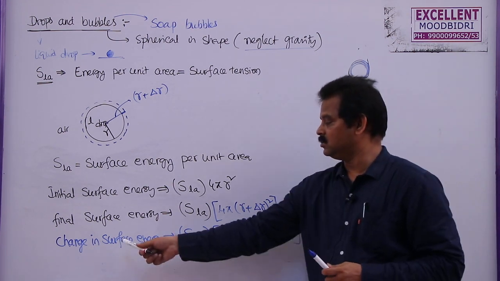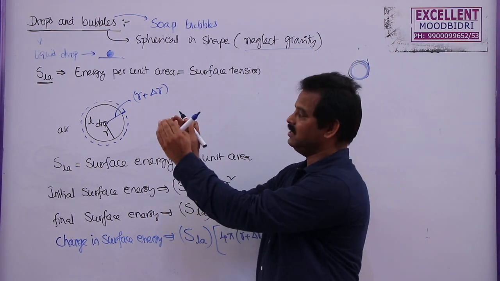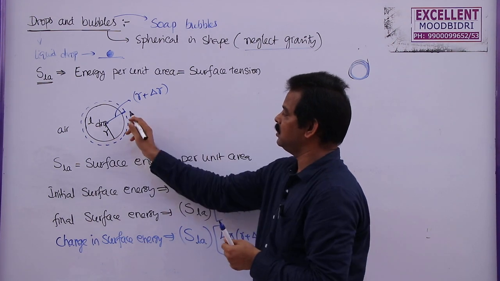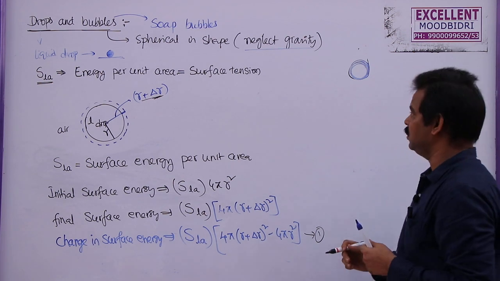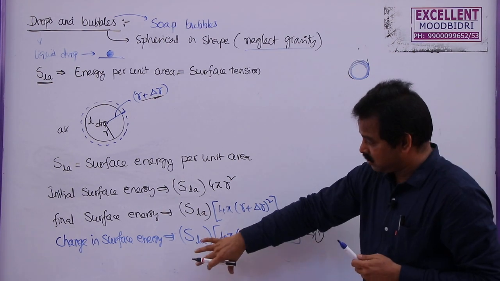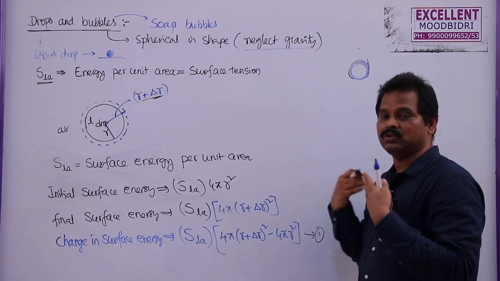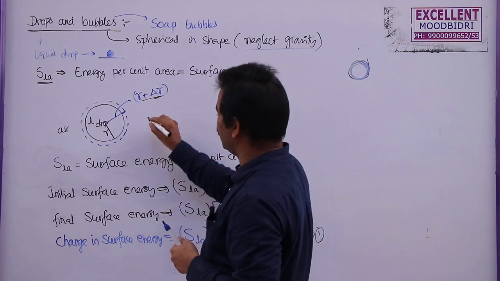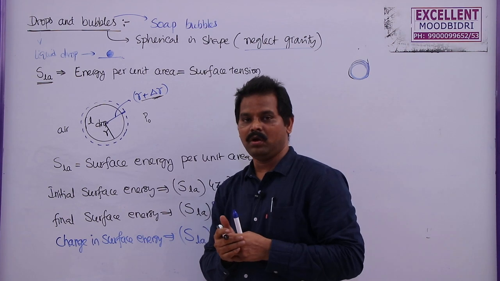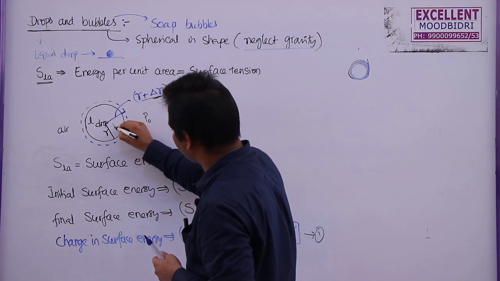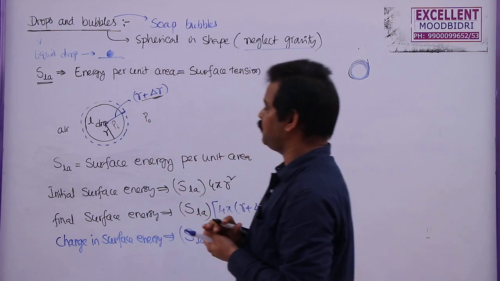This is the change in surface energy when the size of the liquid drop is increased by a small radius dr. To increase this surface energy, we need to do some work. The outer atmospheric pressure is denoted with P_A or P_O, and the pressure inside I am denoting with P_I.